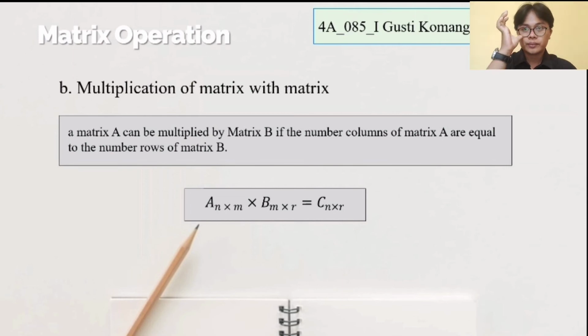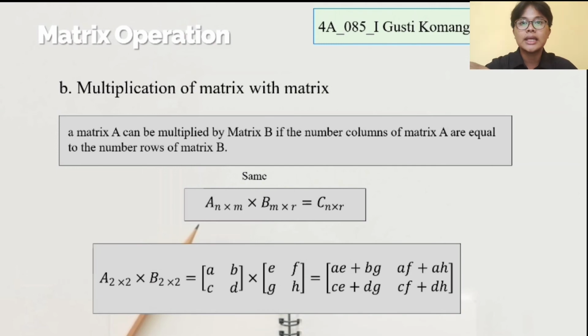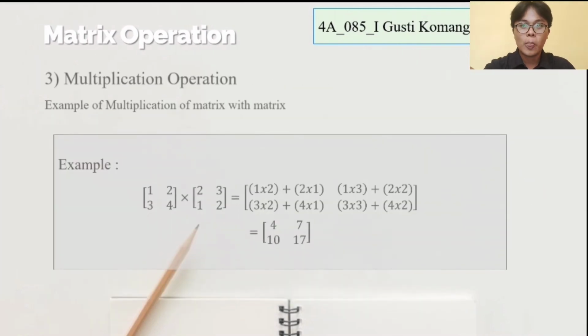For example, matrix A with elements a, b, c, and d, and matrix B with elements e, f, g, h. The result of A times B is a matrix with elements AE plus BG, AF plus BH, CE plus DG, and CF plus DH.